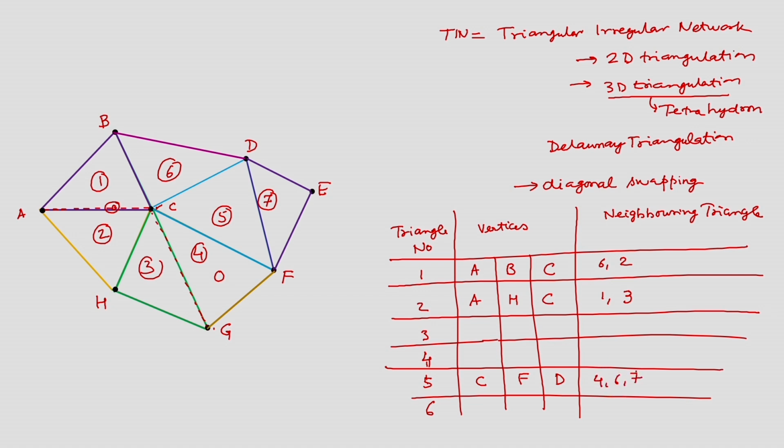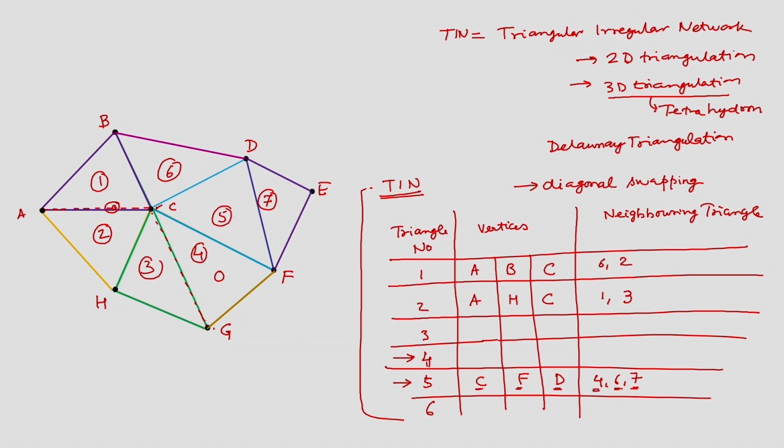So, now we can understand that this is the triangular irregular network and this is the data structure of the TIN. That means how these data are stored in a memory or computer. I want to extract the information of, let's say, a certain triangle, for example triangle number 4 or triangle number 5. So I know that triangle number 5 consists of 3 vertices and triangle number 5 has 3 neighboring triangles.